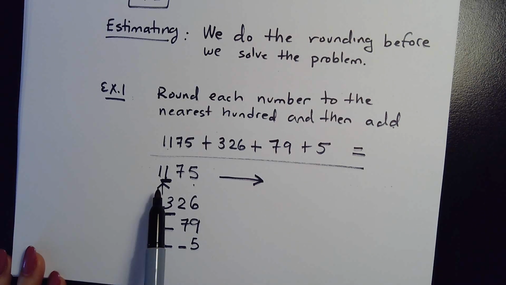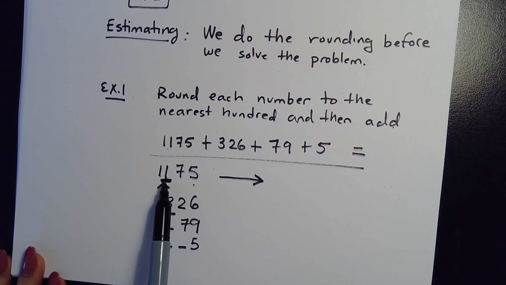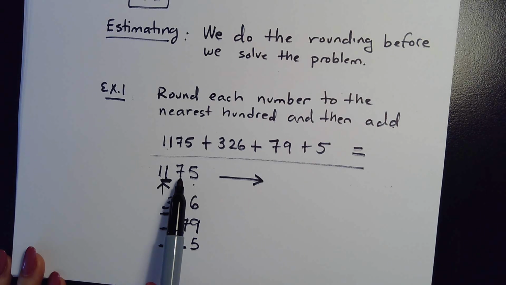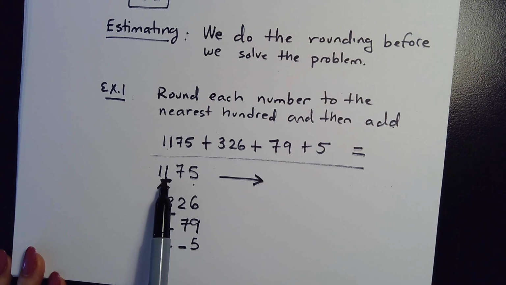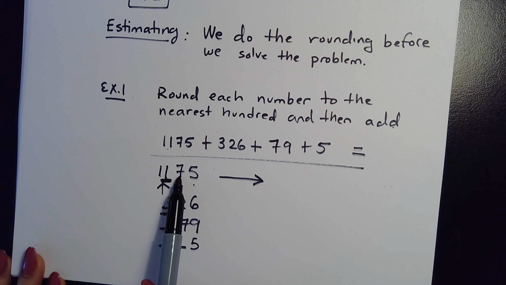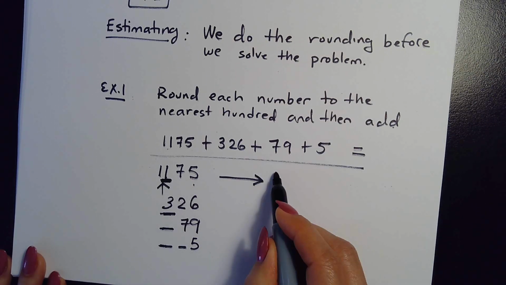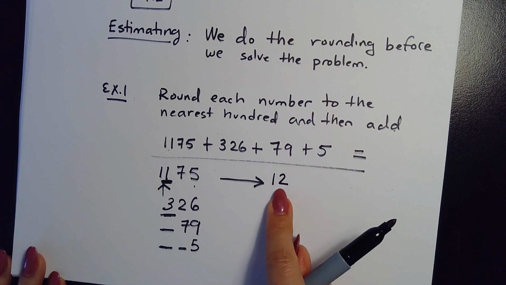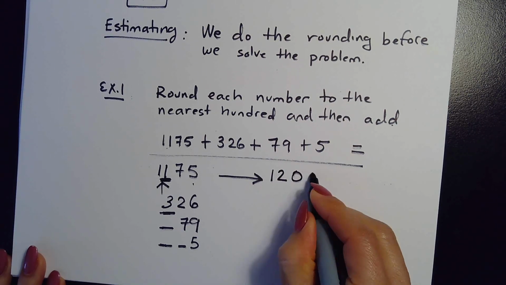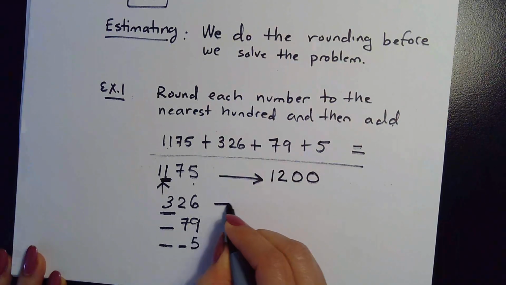Basically the way that you're gonna do this is you take a look at the hundreds place, and if the number next to it is 5 or more, you're going to increase that number by 1. So the 1 changes to a 2 because the number next to it is a 7. So you write 2, and everything else goes to 0. And same thing here.